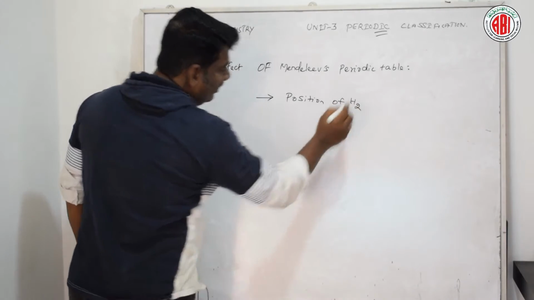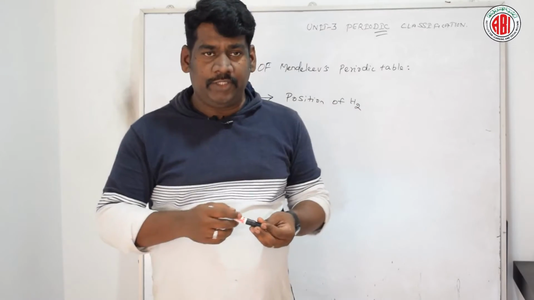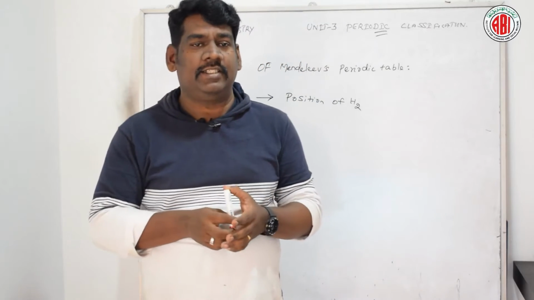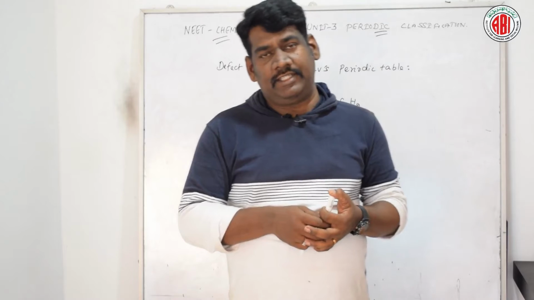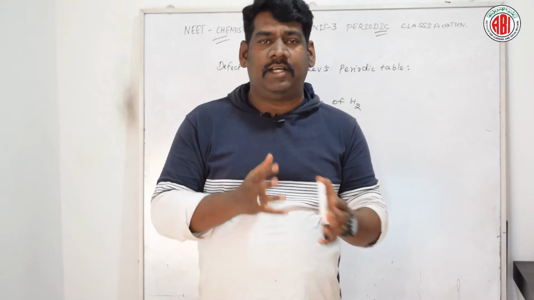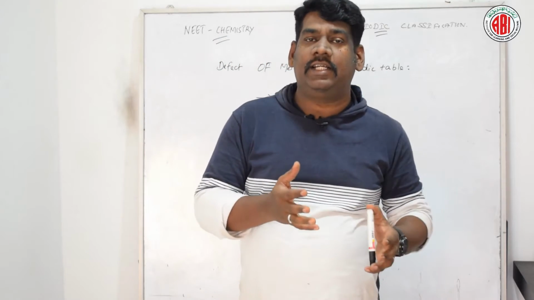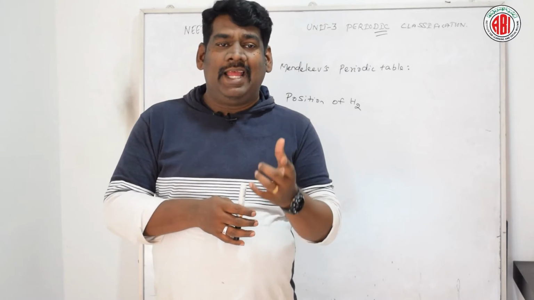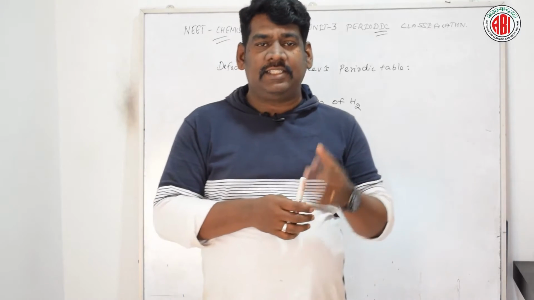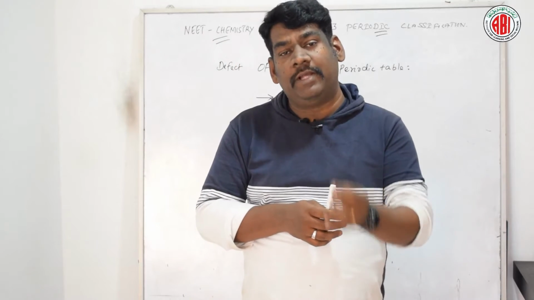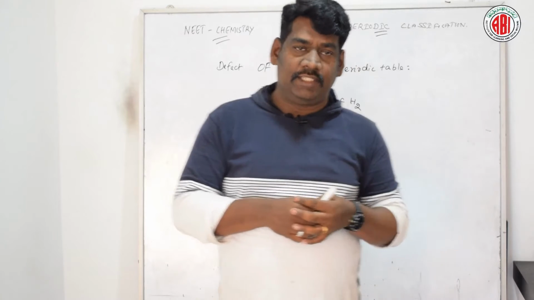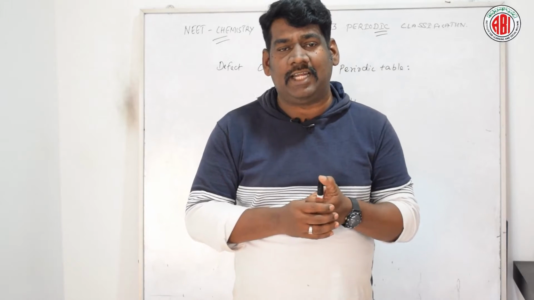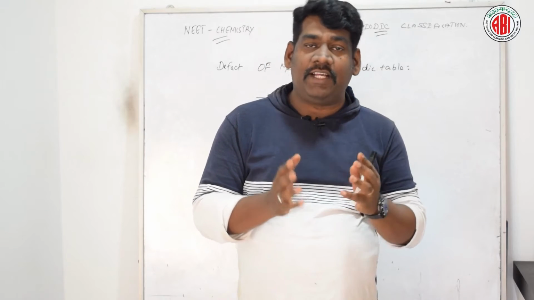According to this table, hydrogen is placed in group 1, however it resembles the characteristic features of the group 1 alkali metals as well as the group 7A halogens. Therefore the position of hydrogen in the periodic table is not correctly defined.